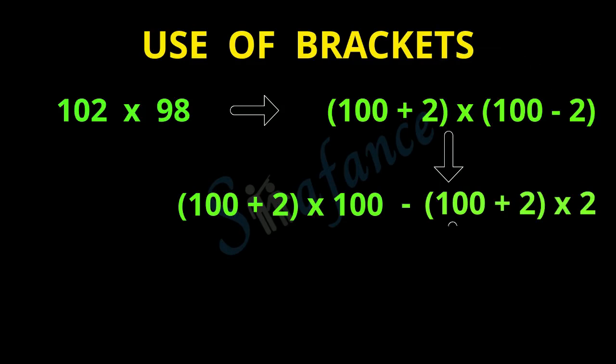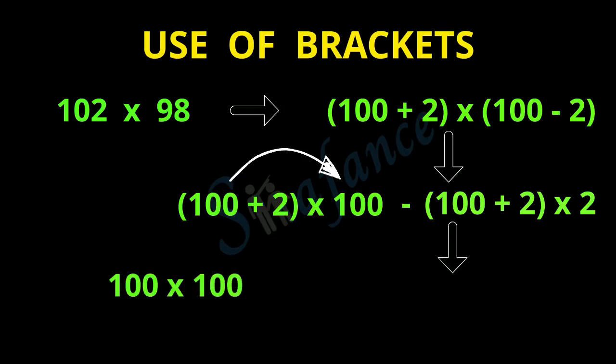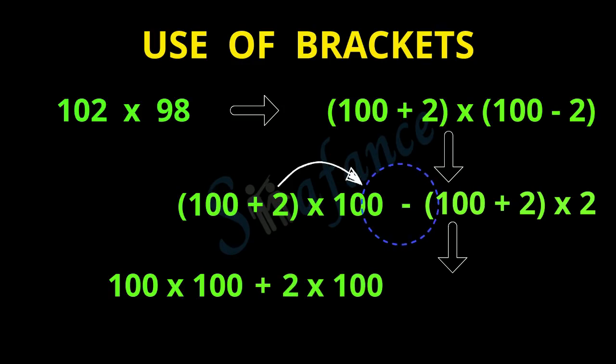And when we solve it further, opening the brackets we already have, we get 100 multiplied by 100, that is over here. Then we have a plus sign inside the first bracket, so we get plus. Then 2 into 100. Now we already have a minus sign before the second equation.